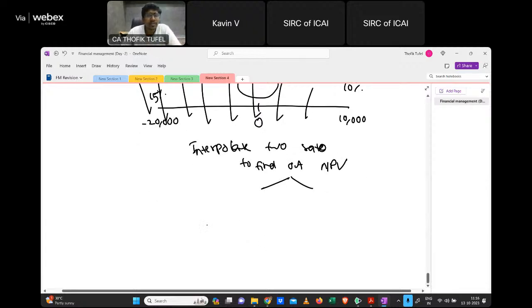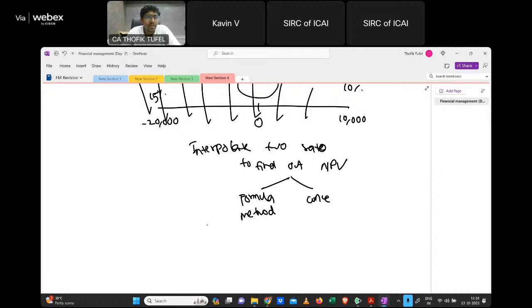I will discuss both the methods. Usually I follow the conceptual method, but if someone feels it is easy to remember the formula, they can also follow the formula method.